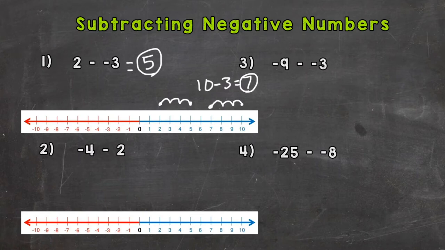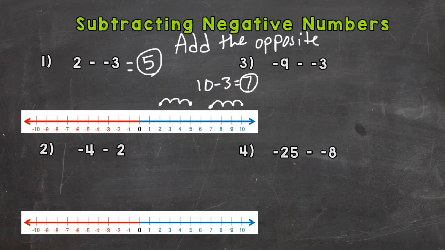Now a simpler, easier way to think of these problems without writing it out on a number line: the number line initially helps us visualize and see what we're doing, but eventually you need to get to a point where you don't need the number line. Whenever we're subtracting negative numbers, all we need to do is add the opposite.